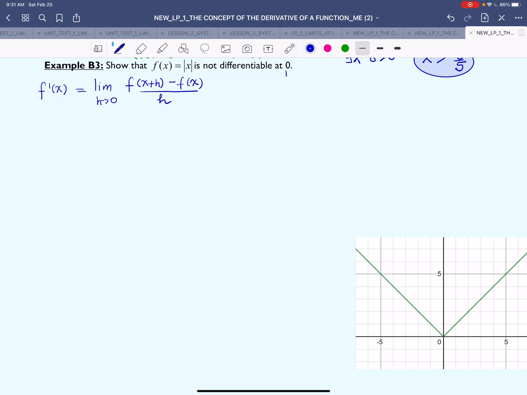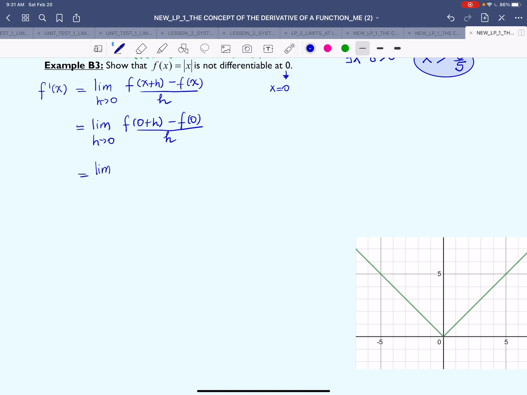Now, we are differentiating exactly at 0, right? So that means x value equals 0. So I will make the adjustments to my formula. So we're going to say that would be f at 0 plus h minus f of 0 divided by h. And now I will substitute f of 0 plus h.